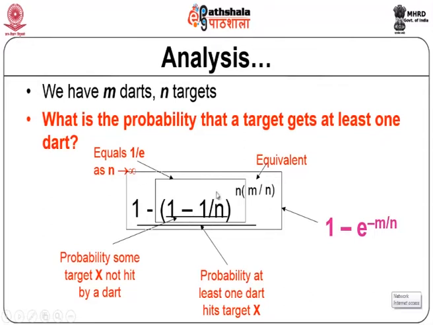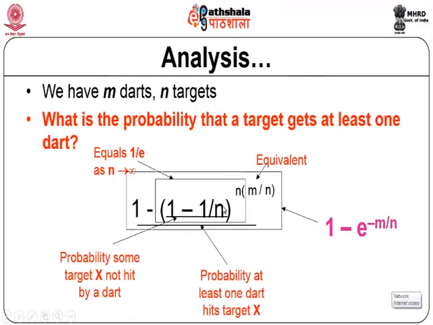So, the overall probability is, say, 1 minus 1 by n. This probability is the probability of some target x not being hit by a dart. The chance for a dart to hit is 1 by n because there are n targets. So, 1 by n, and the probability for target x not being hit by a dart is the overall probability 1 minus the probability of the dart hitting the target, that is 1 by n.